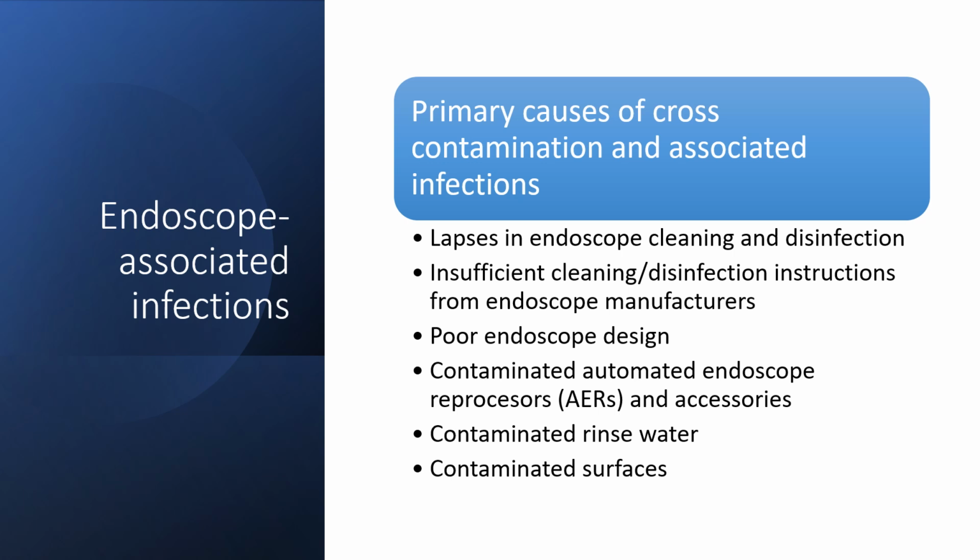Endoscopes are not perfect, and for them to do their job, they have to be designed in a way where they're functional, but it also makes it very, very difficult for us to clean. So sometimes these things are a little unavoidable in the sense of we can't reach all the areas based on the anatomy of the instrument. If we have a contaminated AER or accessories, that is going to create the potential for infection, as well as if we use contaminated rinse water or any type of contaminated surfaces.